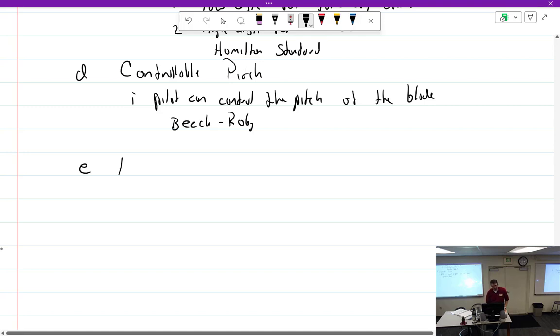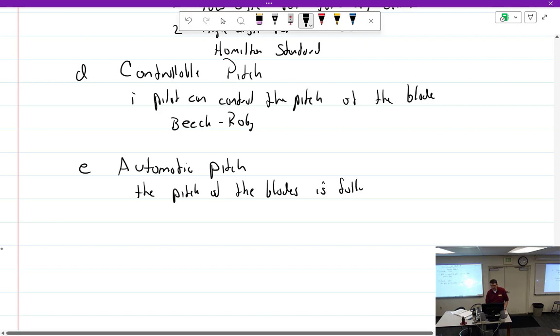We have the automatic pitch. The pitch of the blades is fully automatic, based on aerodynamic forces.